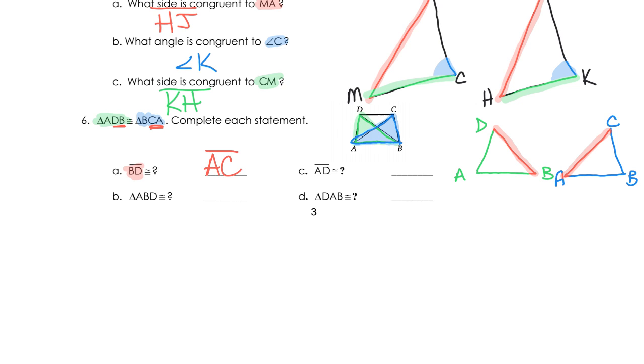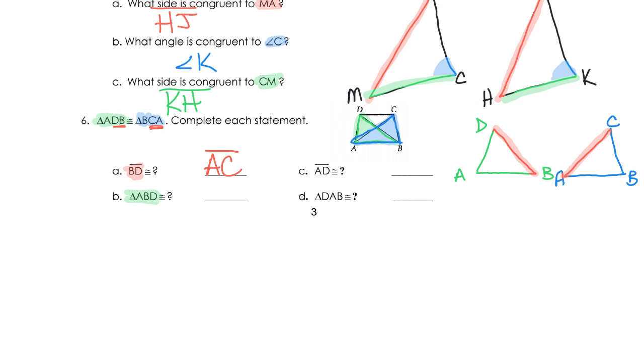In part B, guys, they asked me because they're being specific and telling me my triangle in a specific order, and this is my green triangle. And because they're putting A first, B in the middle, and D last, I have to make sure that I state my triangle that's blue in the same exact order.